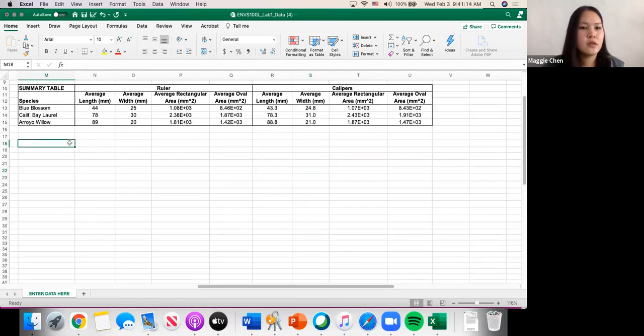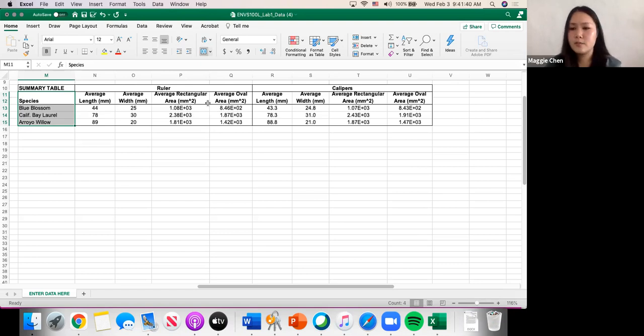Okay. From here, we're going to be making 2 graphs, and we're just looking at our average rectangular and oval areas for both our rulers and our calipers. So what we're going to want to do is select these first cells, from species: blue blossom, California laurel, royal willow. Once you select those, we're also going to want to select these 2 columns.